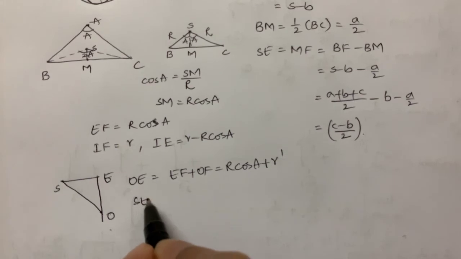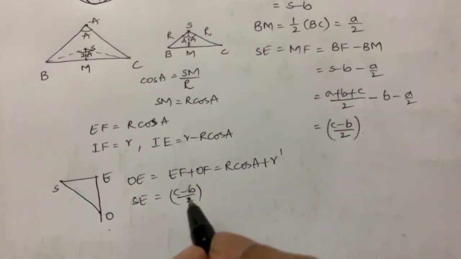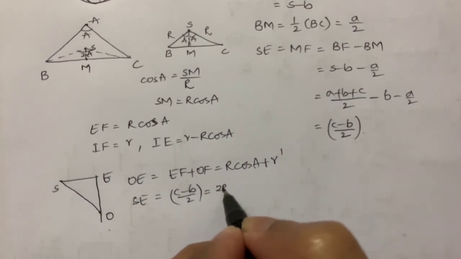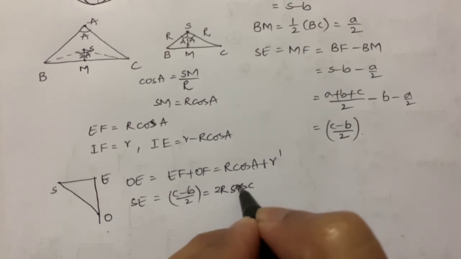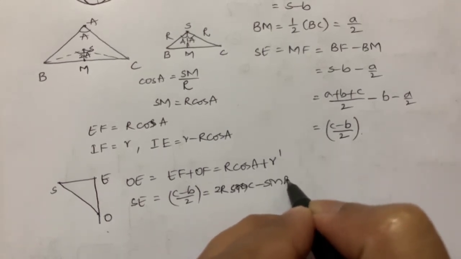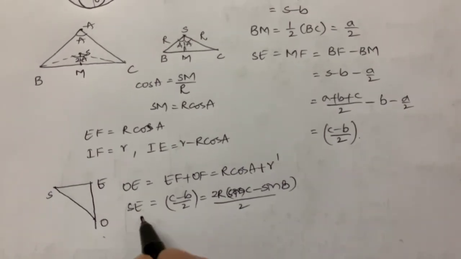So SE I got it. SE is equal to (c minus b) by 2, which is (2R sin C minus 2R sin B) by 2. So SE I got it.